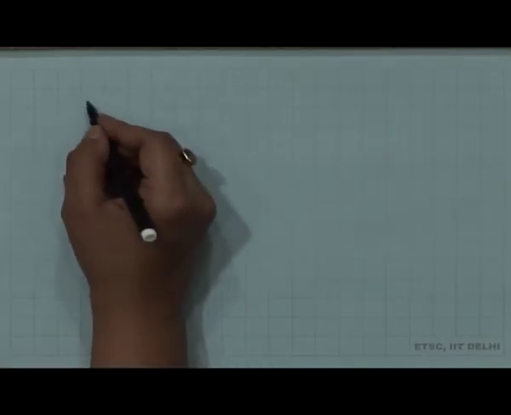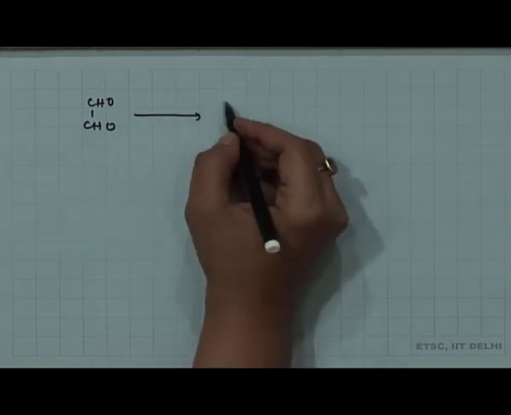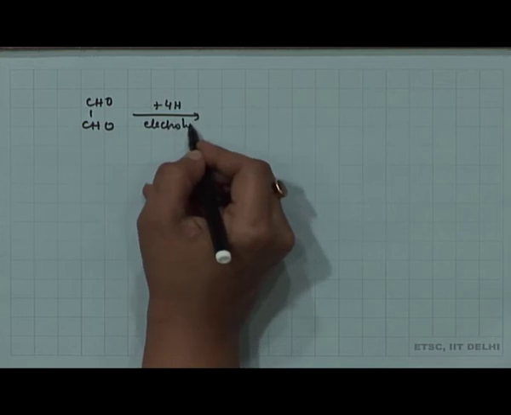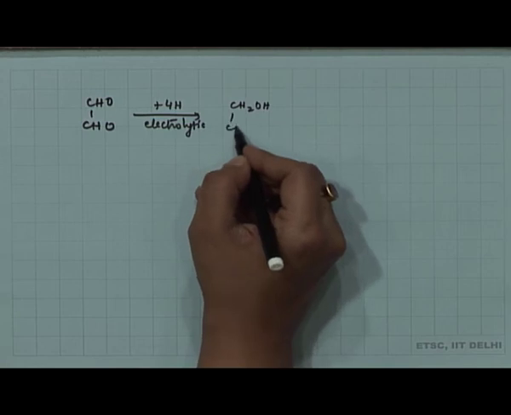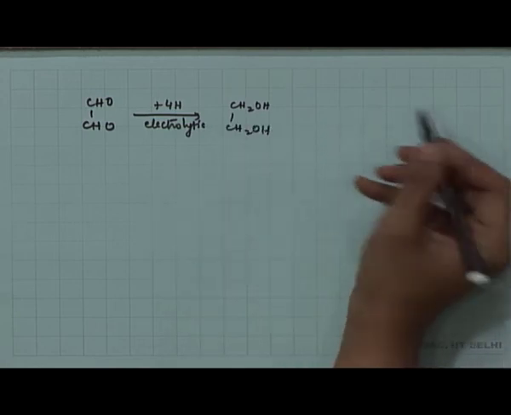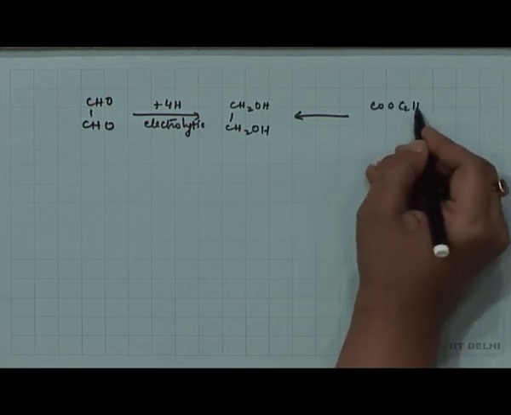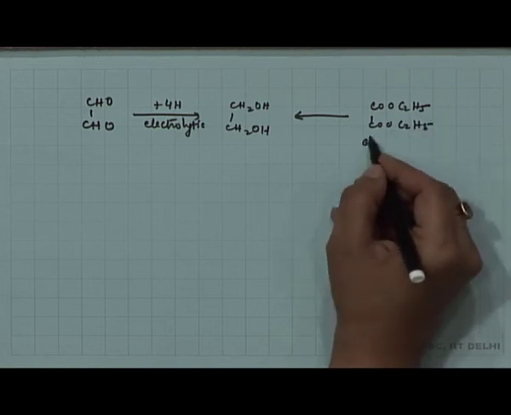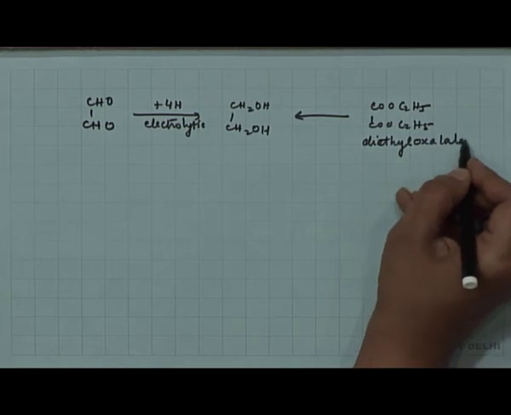So, if you start from glyoxal, which is the dialdehyde, you carry out electrolytic reduction, you get the diol. The same thing can also be achieved starting from the diester, which is the diethyl oxalate.